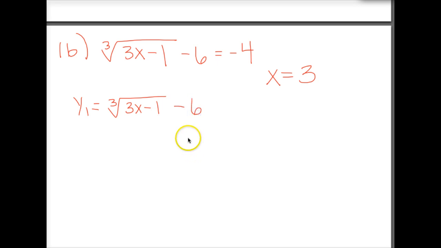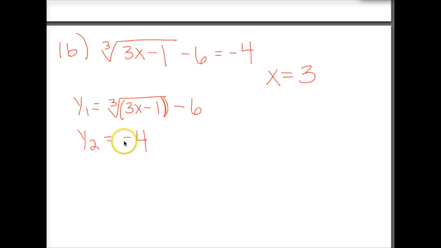Please make sure that if you have the old version of the calculator where it gives you a parenthesis, you close it before the minus 6. If you don't, it's going to think that the minus 6 is supposed to be on the inside too. So close that parenthesis. If you have the newer models, you can see what's under the radical and what's outside. But this is what goes in your y1. Your y2 is just going to be negative 4.